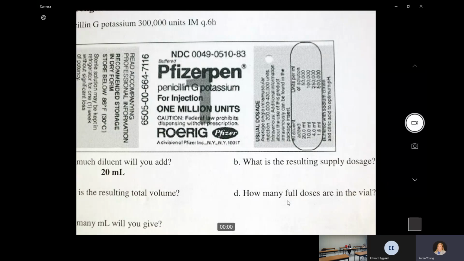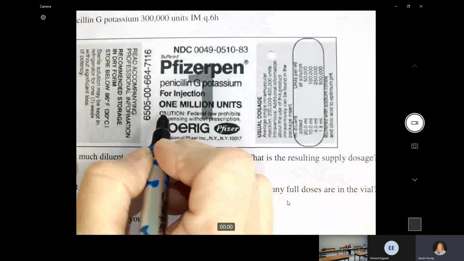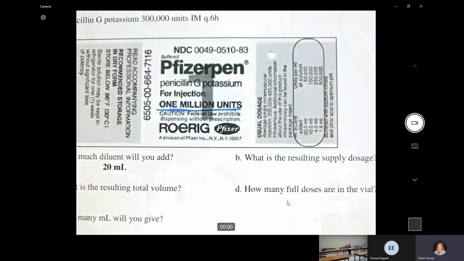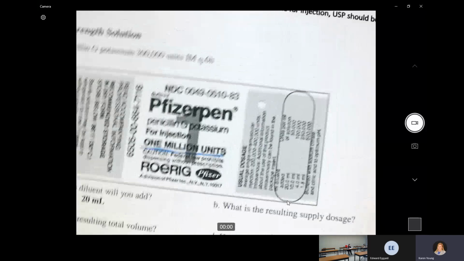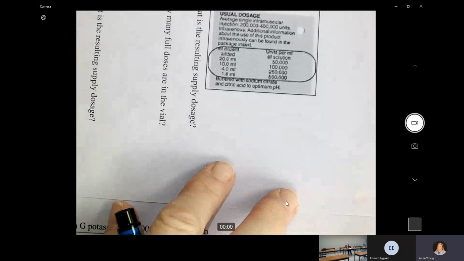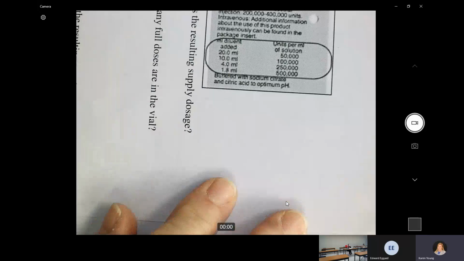It has a total of 1 million units in the package. Okay? And what it tells you over here on this side, and I'll zoom this in.